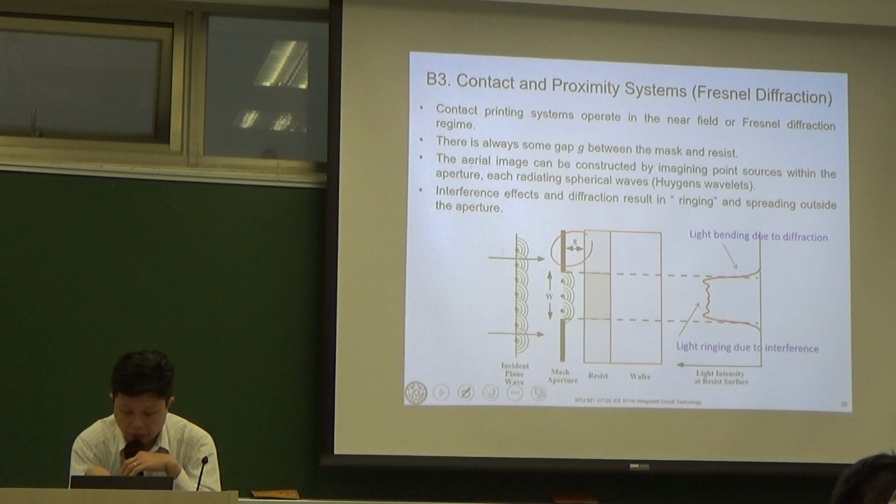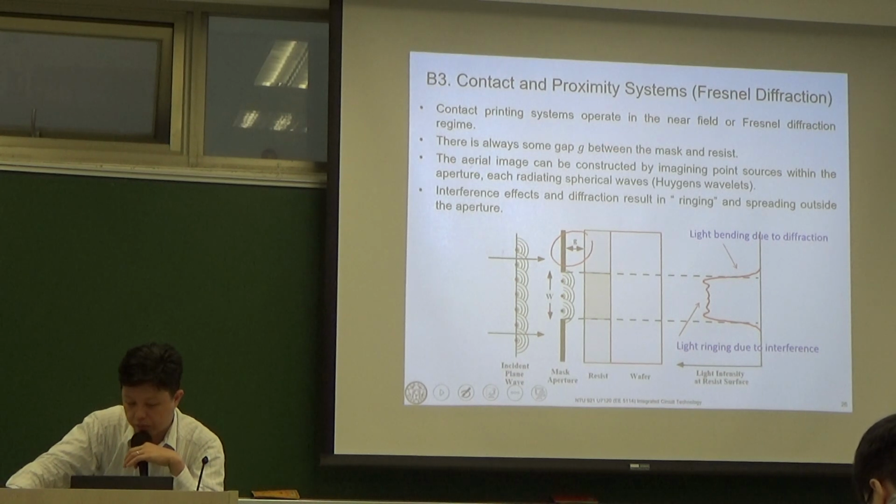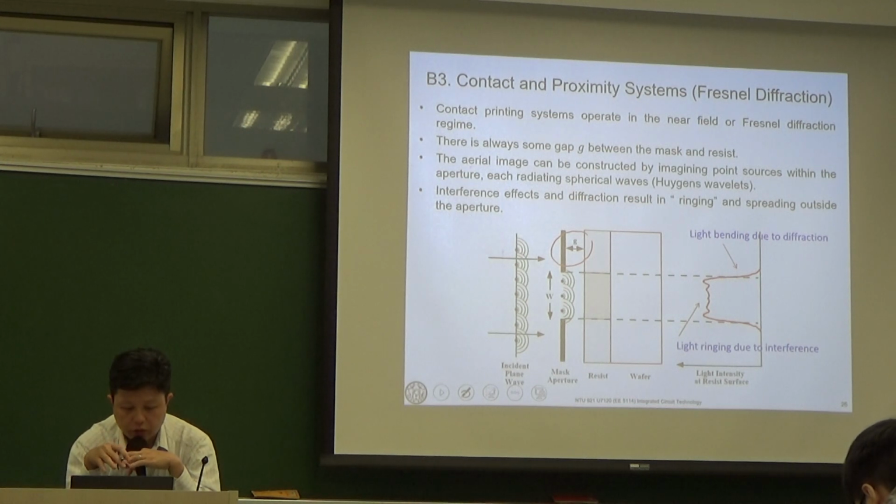Since the distance is very close, the interference effect is not that serious because the light cannot pass through a longer distance, and you already reach your surface. So that creates an aerial image that will be very similar to the pattern on your mask.